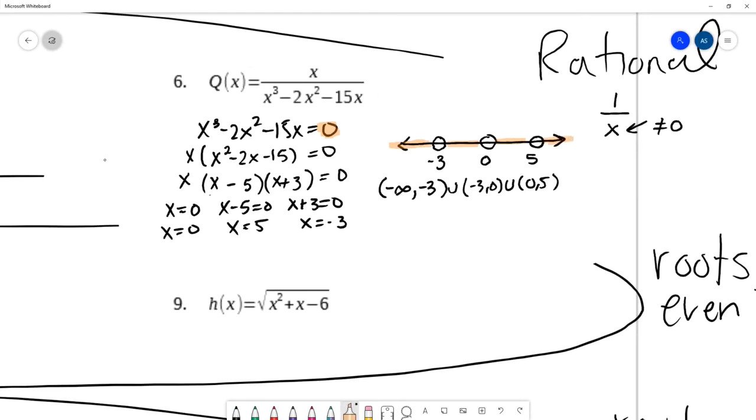And we want to include these numbers that are greater than 5, from 5 to infinity. So this is our domain of the rational function q of x equals x over x cubed minus 2x squared minus 15x.